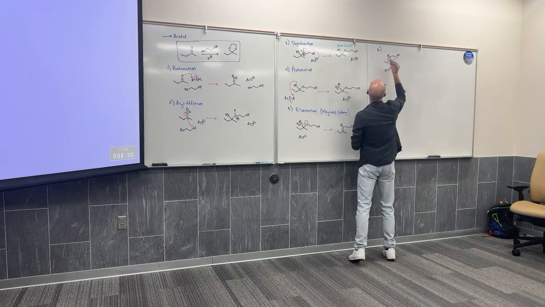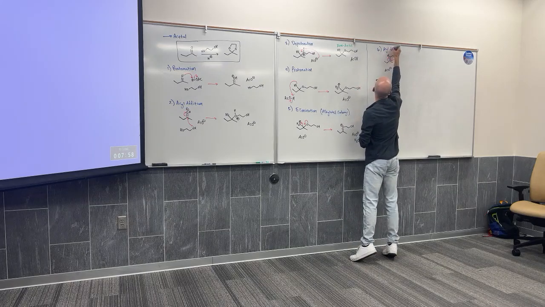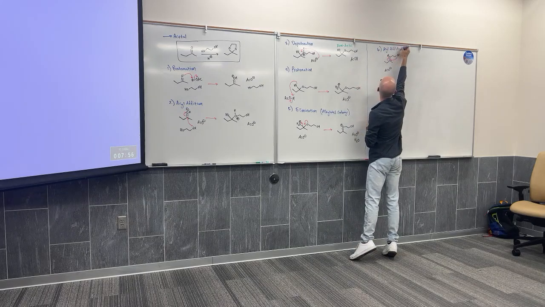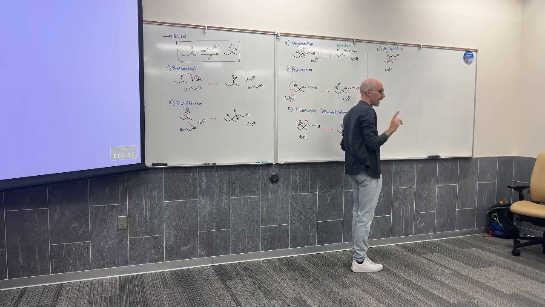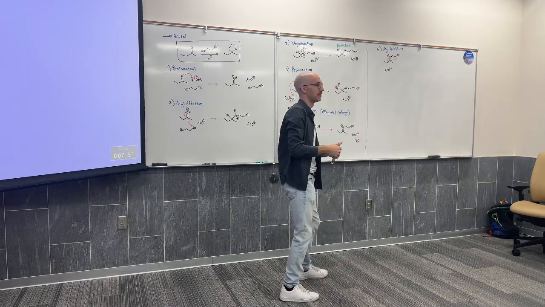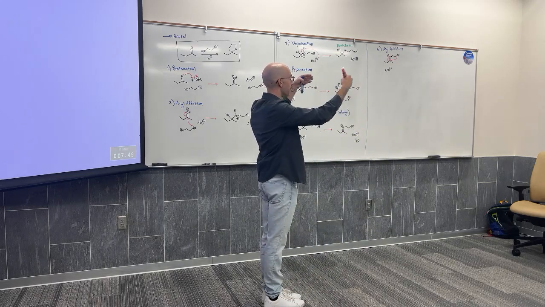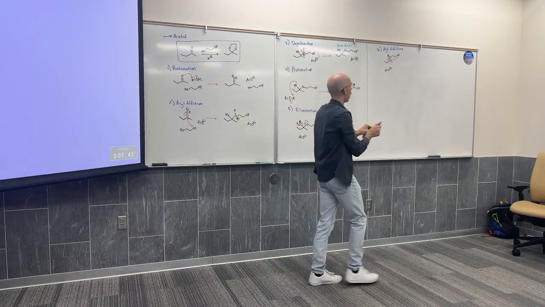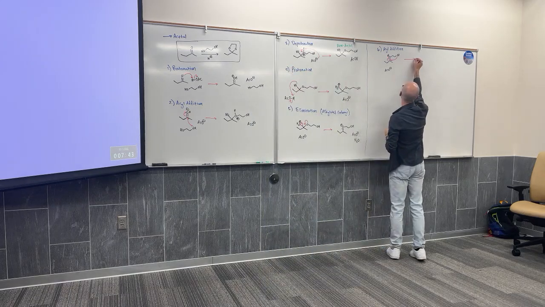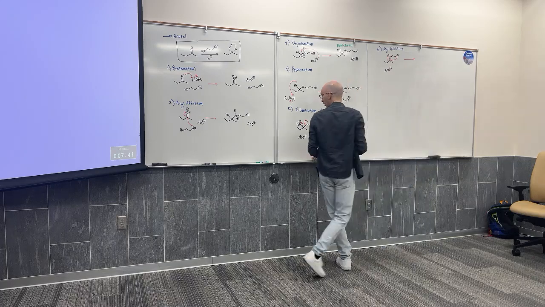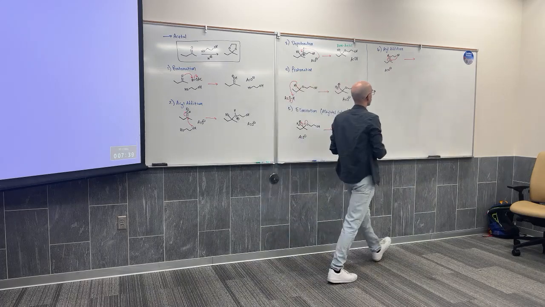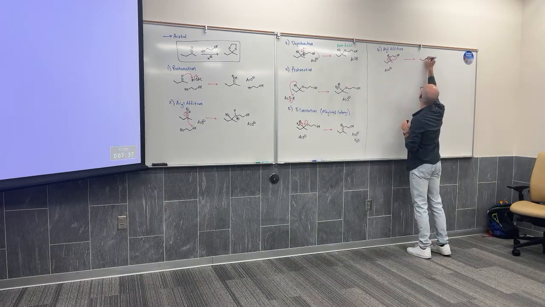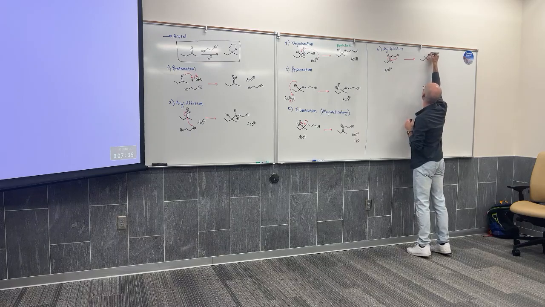Exactly. And as a reminder, if you didn't have the diol, it would have just been a second equivalence of an alcohol attacking. But because it is a diol, the second equivalence is attached to the molecule. So this is where we get our ring.